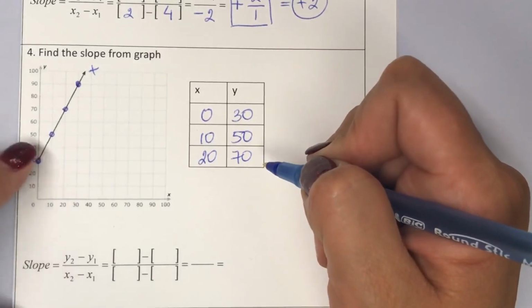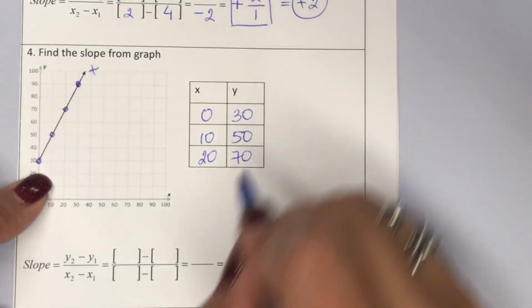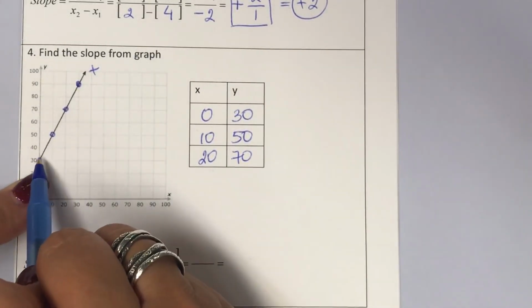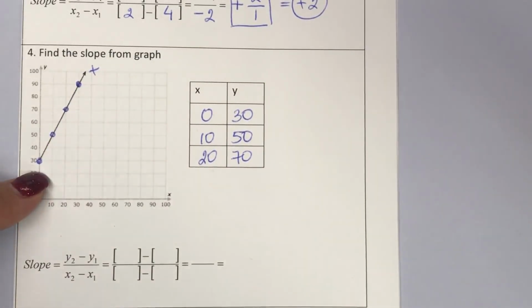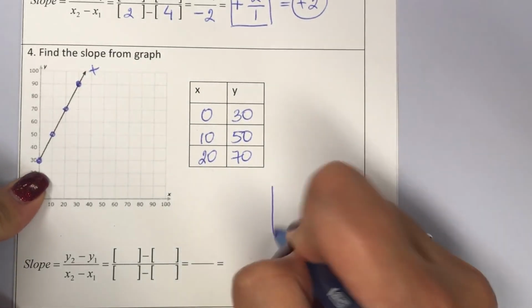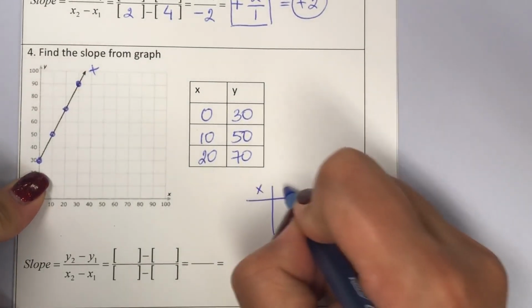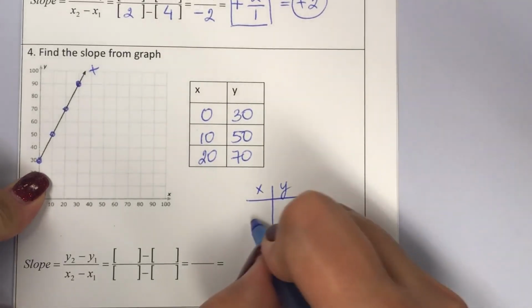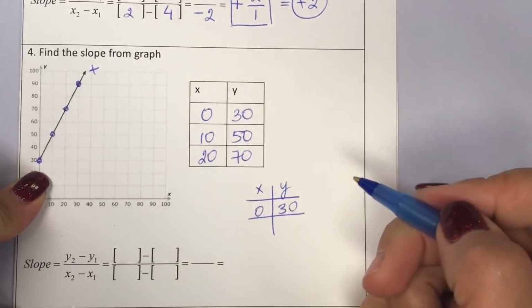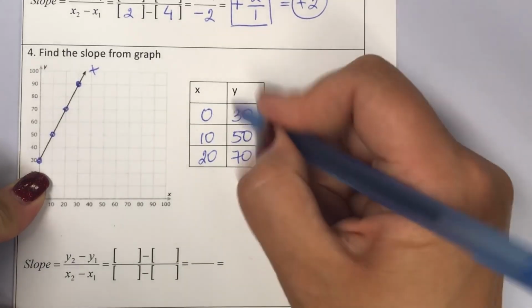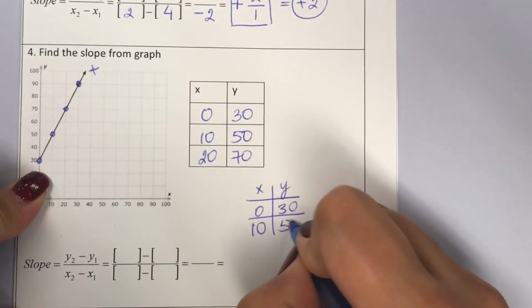So you can use as many as you want, as long as they are something that can clearly be read from the graph. For slope calculation, all you need is 2. So you need to pick 2 points. Which ones doesn't matter. So I'll pick, let's say, 0, 30 and 10, 50, first and second. Why not?